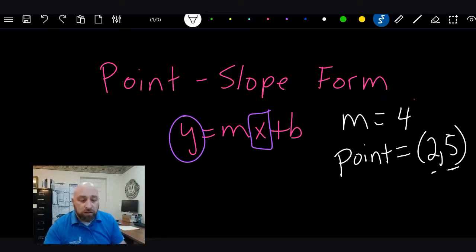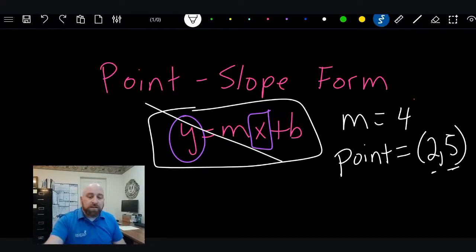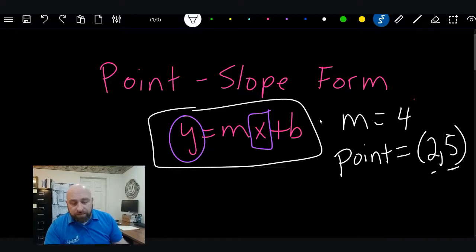So what does that look like? Again, be patient with me because this is not point-slope form. This is y-intercept form. I'm showing you how to go from y-intercept to point-slope. Okay, and so in other words, I'm just kind of plugging all of this in. So let's just look at it first, and then we'll go back to what is point-slope form.